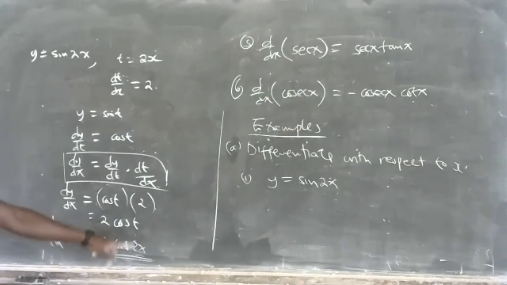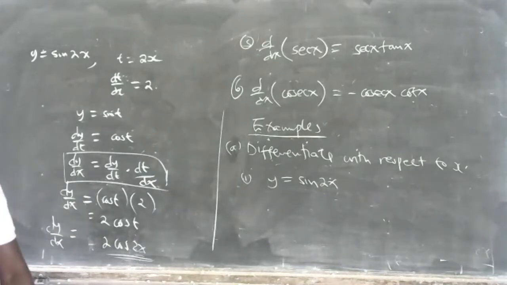But what is your t? 2x. So dy/dx is 2 cos 2x. Okay? Is it fine now? Teacher, it's trying.